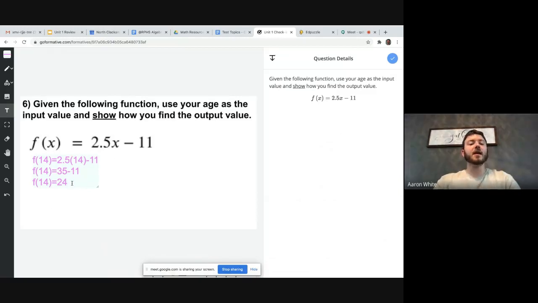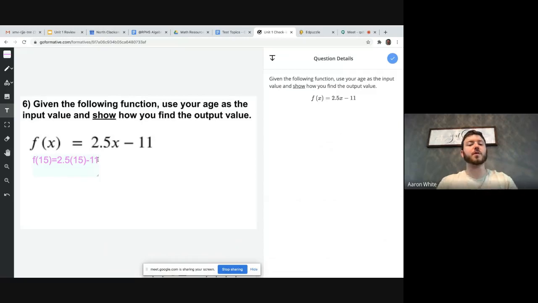Now, let's go ahead and use a different example, but same idea. Let's say you're 15. So you want to use your age, 15, as the input value. Literally the only thing that we change when we go back is the input values, right? And so you'll do the same exact process.